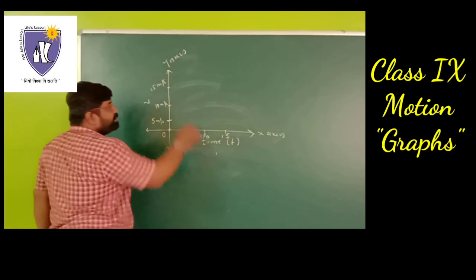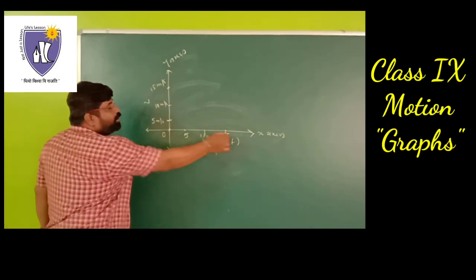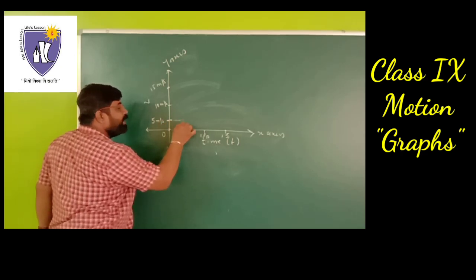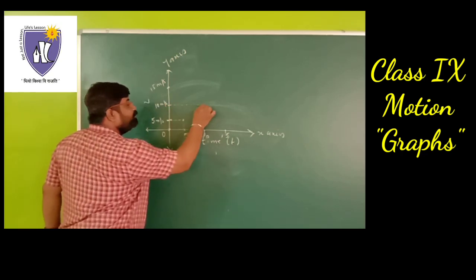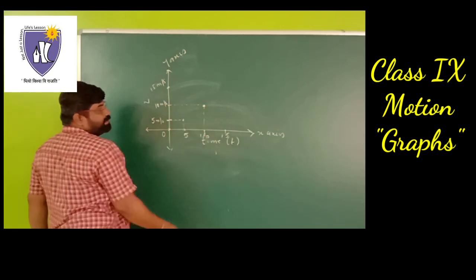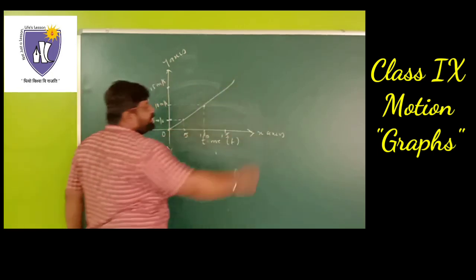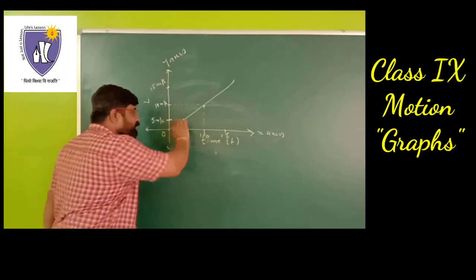After 15 seconds, say the speed is 15 meter per second. Now, if I want to plot it, you have learned coordinate geometry in class 8. I can mark these points like this. Similarly here also, and when I join these points, I get a straight line which is inclined to the time axis.